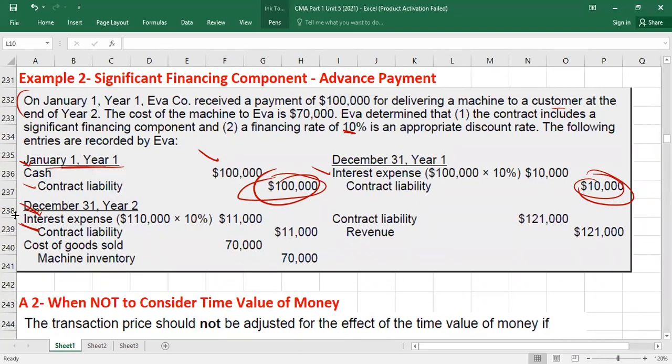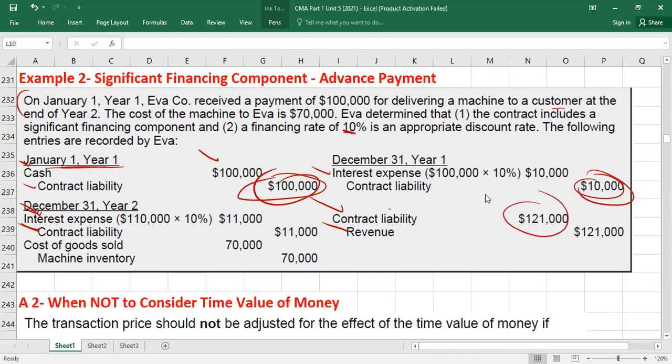Now 2 years have passed and I'm assuming you have delivered the asset at the end of the second year. Is the performance obligation satisfied or not? Yes, it is satisfied. It means I can book the revenue now. But how will I book the revenue? First I will debit the contract liability, which I was creating for this contract and which includes the financing component, and credit revenue.